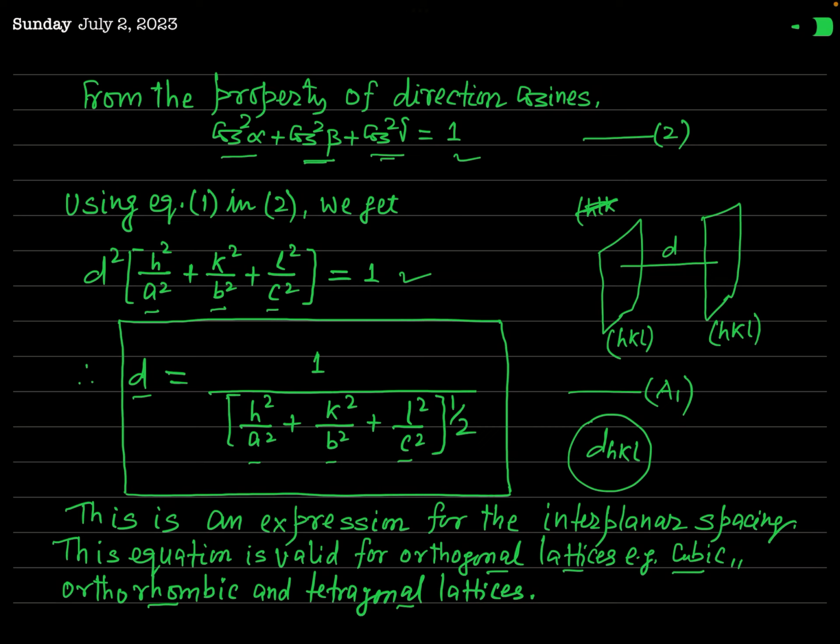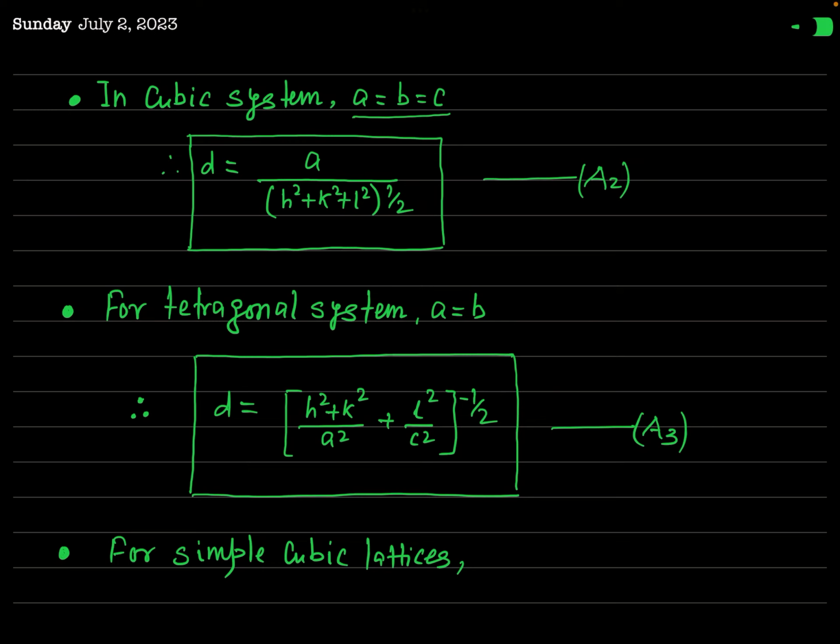A square in the denominator will be taken as a common factor as it is inside the square root, so that will be A, and that will now be in the numerator after multiplication. So in case of a cubic system, you can see that D will be equal to A over the square root of H square plus K square plus L square. This is the simplified form in case of a cubic system.